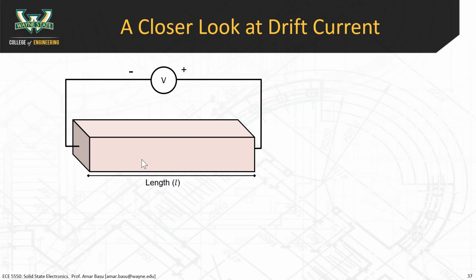So assume that the semiconductor has some length L. And so the first thing we do is when we apply this voltage, it generates an electric field. The electric field is equal to V divided by L. The units for electric field is volts per meter, but in this class we use volts per centimeter.